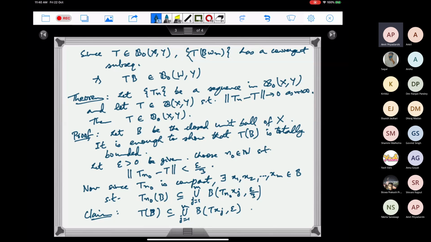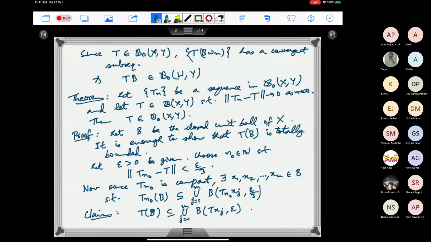So the next question is, if I take any compact operator, can I write it as a limit of a sequence of finite rank operators? In general that is not true in any Banach space, but we will show that if we are in Hilbert space, then that is true.